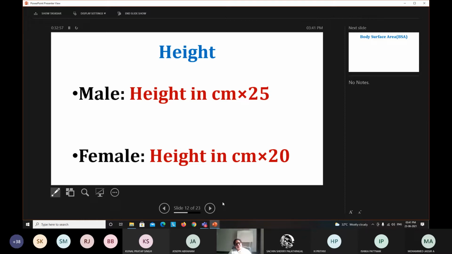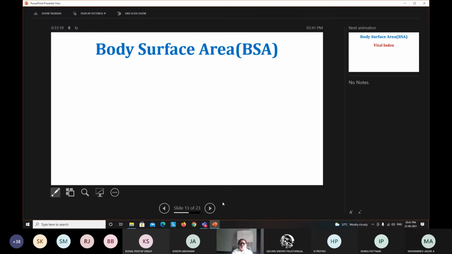Irrespective of male, female or whatever configuration they have, if you use this formula for that person, the vital capacity will be correct. So in the absence of an instrument or laboratory facilities, this method can be used to measure the vital capacity. Next, one more method is available using the body surface area.